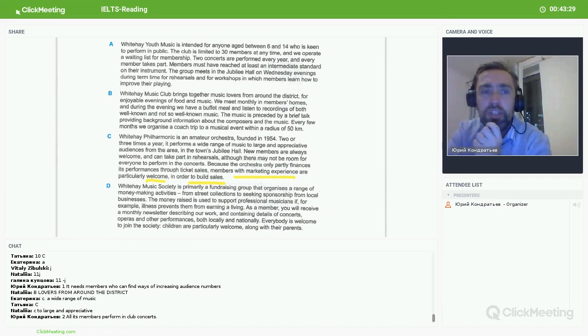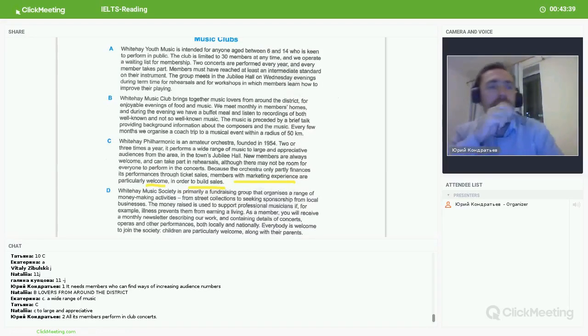I can tell you that it's not text D, so please try to find it in the first three texts. So we don't need text D. I will not open the whole text. So all its members perform in club concerts. What we need is to find a paraphrase for all and perform, and write the letter of the text.